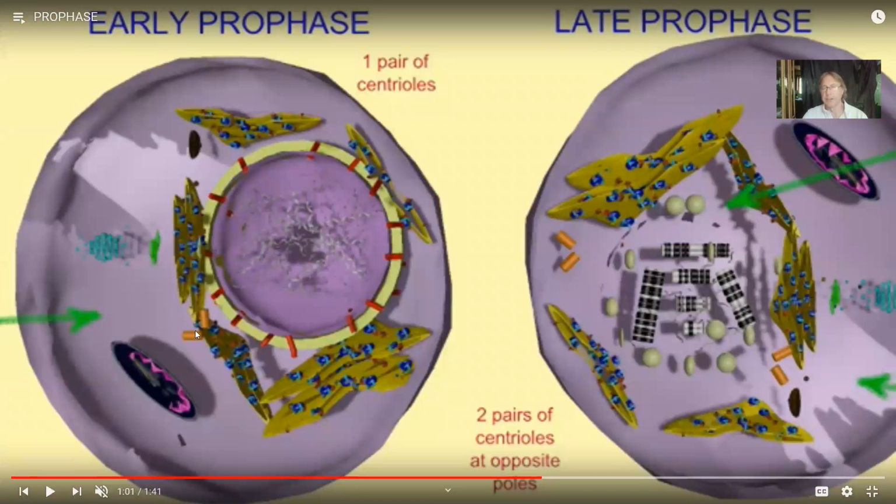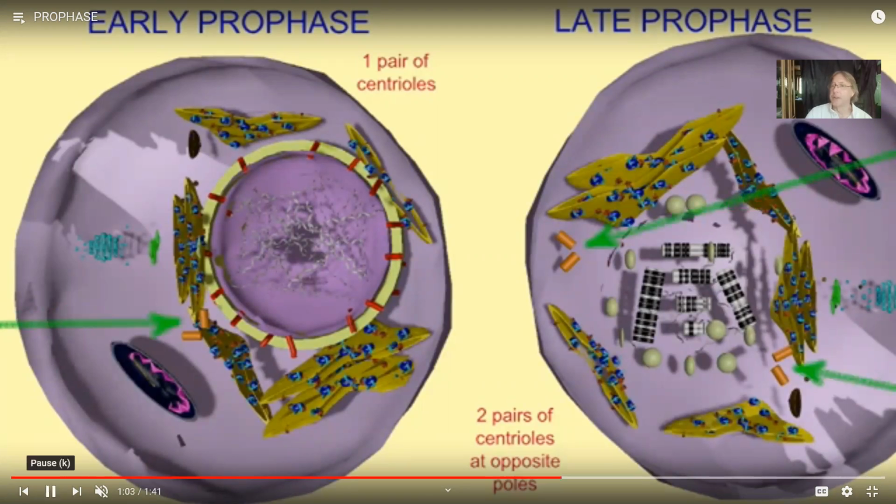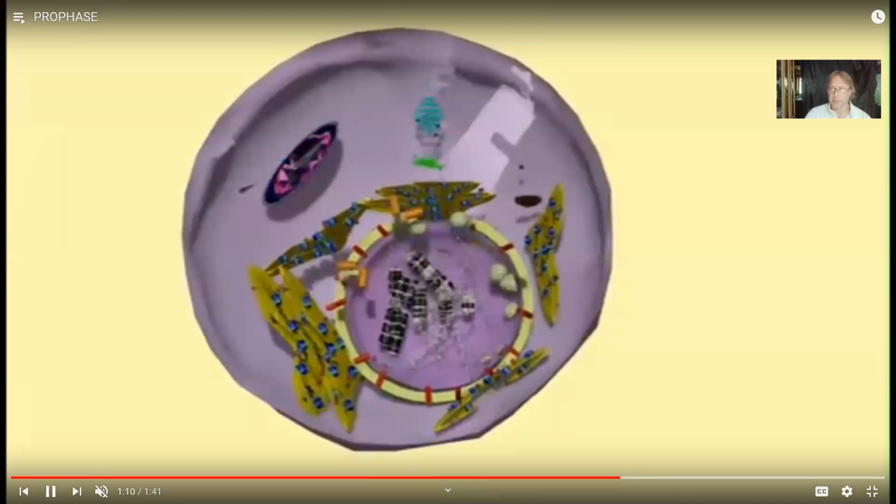So once again, in early prophase, there's one pair of centrioles. At late prophase, there are two centrioles at opposite poles of the cell. Some cells have decided they're not going to divide anymore, so they no longer have centrioles. They will be permanently in G0.